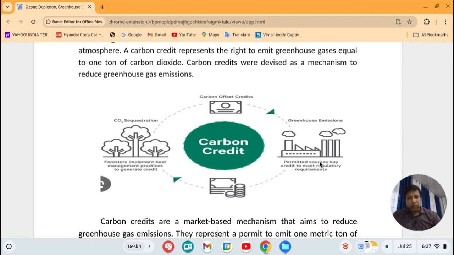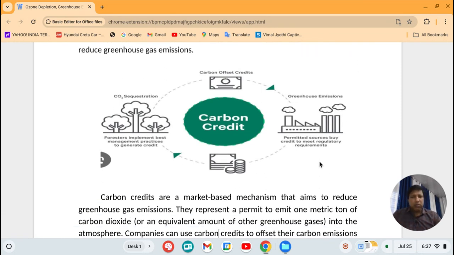Or in other words, carbon credits are a market-based mechanism that aims to reduce greenhouse gas emissions. They represent a permit to emit 1 metric ton of carbon dioxide or equivalent amount of greenhouse gases into the atmosphere.